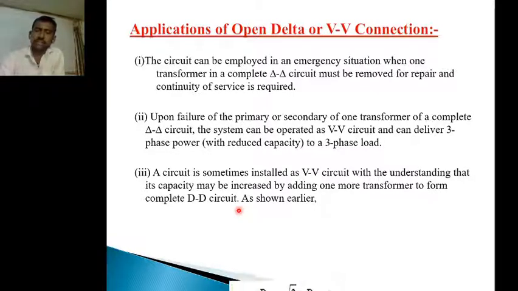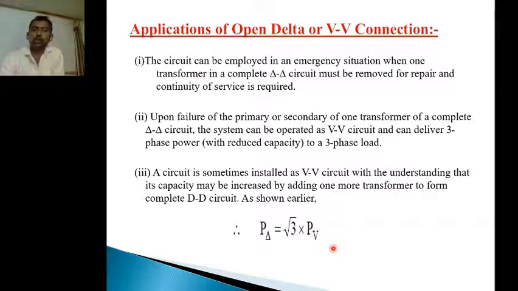So the relation is P closed delta equals root 3 times P open delta. If you increase the open delta configuration by root 3 times, then you can make the normal closed delta configuration. So these are the applications of the open delta configuration.